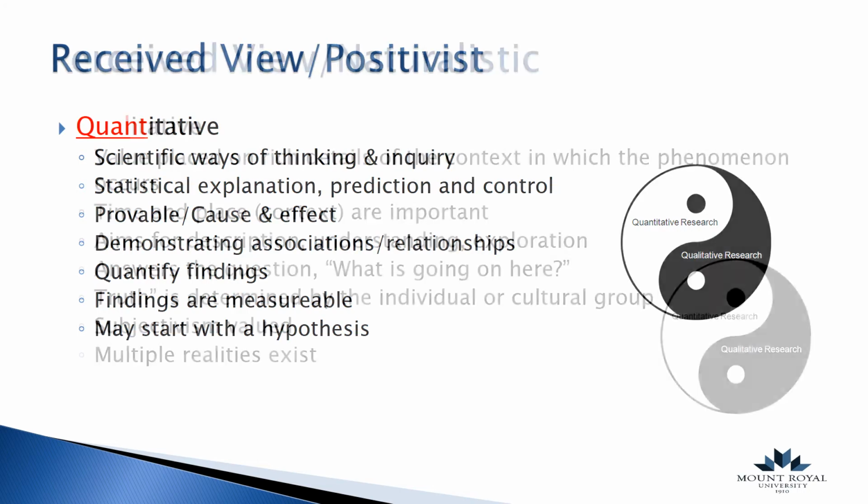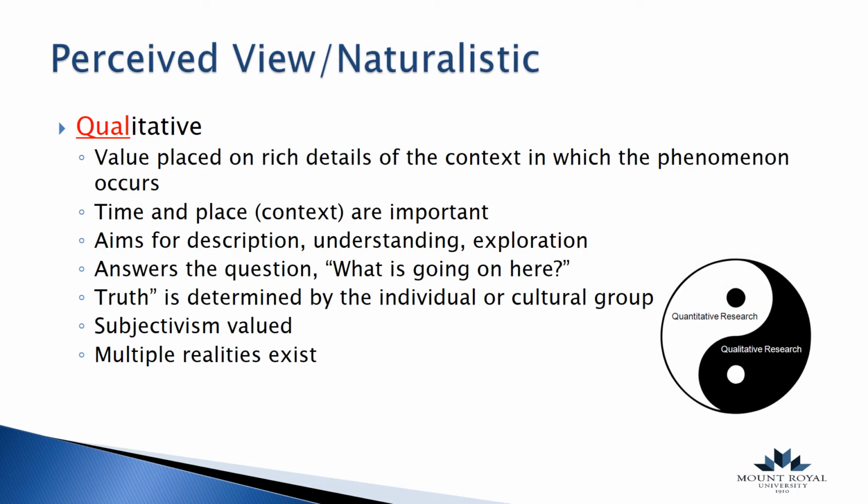Okay, qualitative research. So the perceived view or the naturalistic paradigm. And here in qualitative research, we place big value on the rich details of the context in which the phenomenon occurs. And so we're looking at the situation, the environmental context, and the rich details that come out of our data gathering.